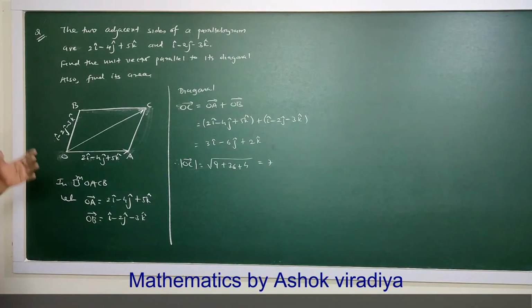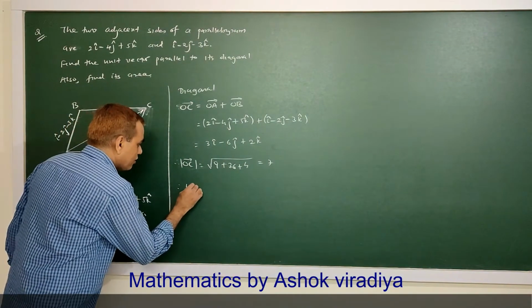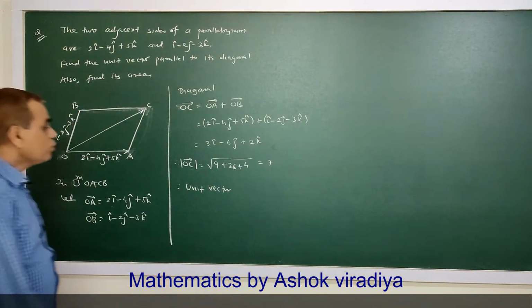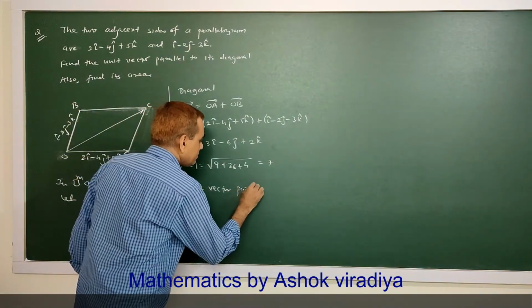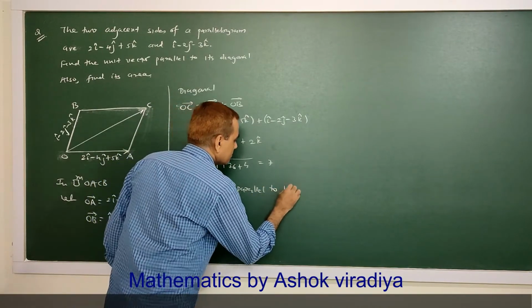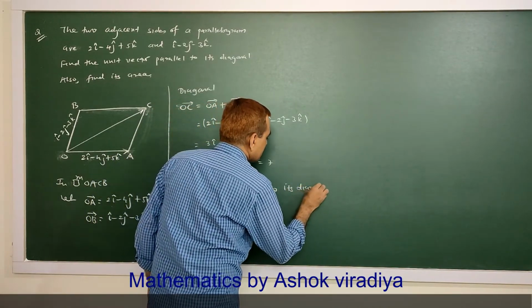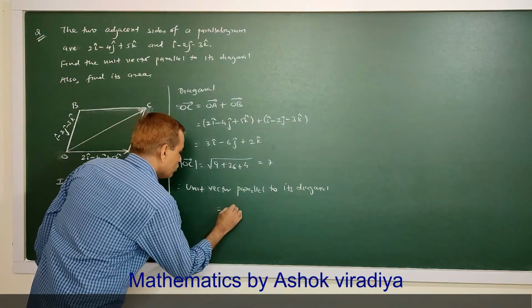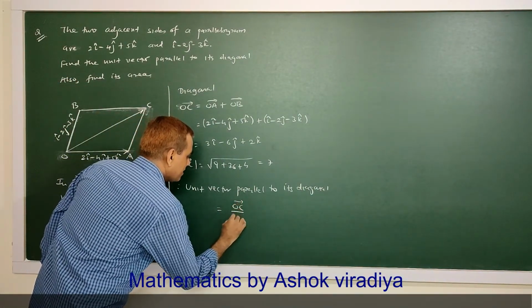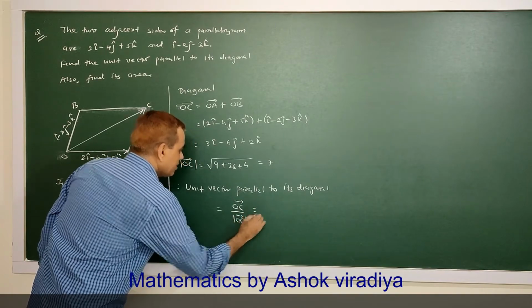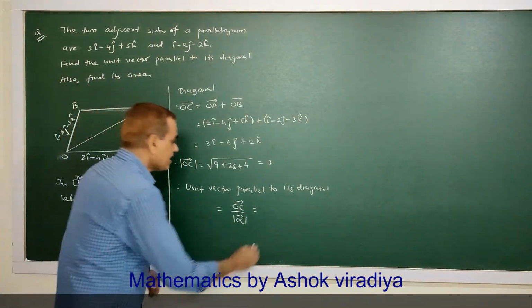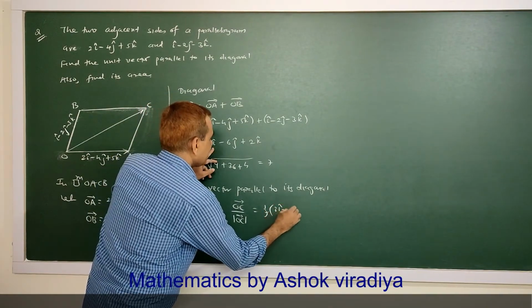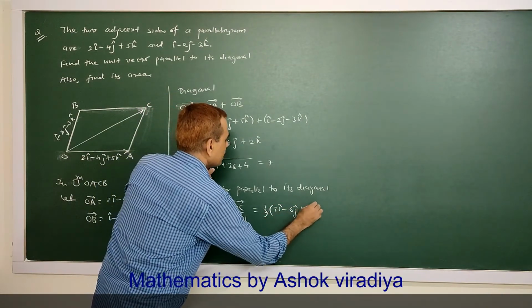So therefore the unit vector parallel to its diagonal OC is equal to, we divide this vector by its magnitude, that is 1 by 7 times 3I minus 6J plus 2K.